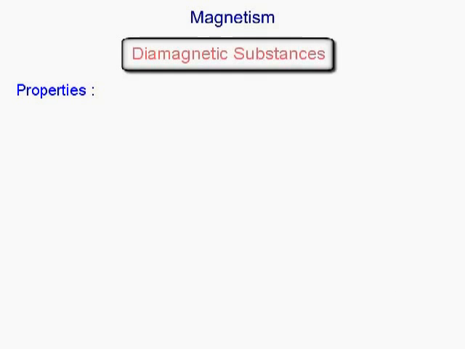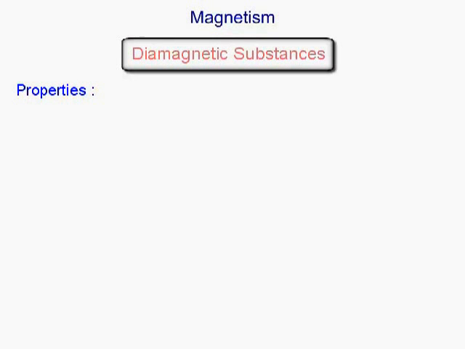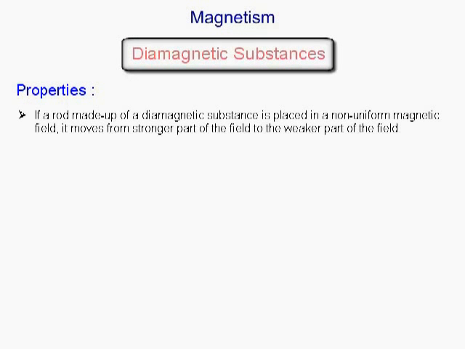There are few important properties of diamagnetic substances. These are as follows. If a rod made up of diamagnetic substance is placed in a non-uniform magnetic field, it moves from stronger part of the field to the weaker part of the field.